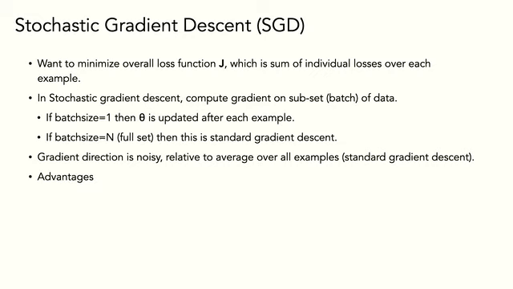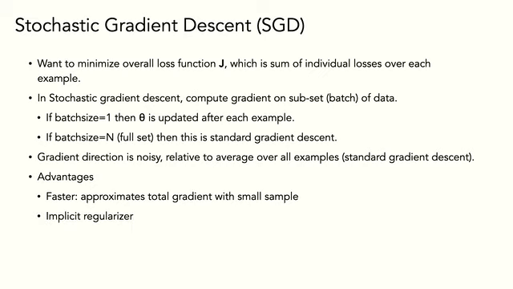But there are advantages of doing stochastic gradient descent. First, it's faster. It's been shown to approximate the total gradient even with small samples. And that noise is actually an implicit regularizer. One benefit of stochastic gradient descent is that it can bounce you out of local minima and help you reasonably find closer to what might be a global minimum.